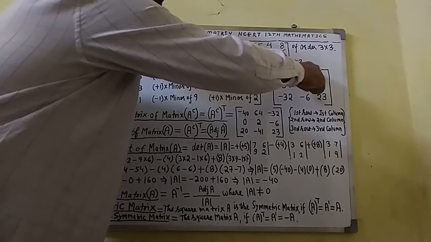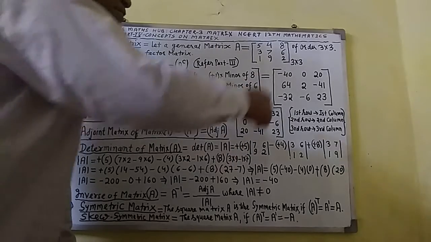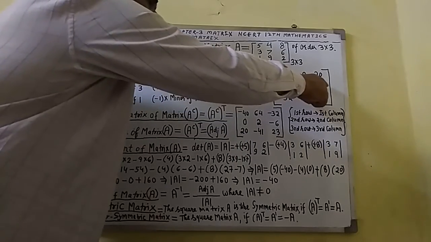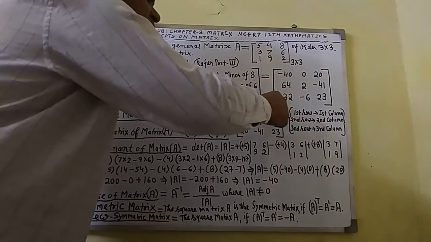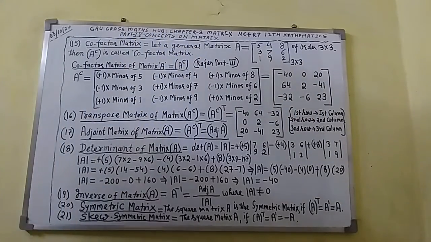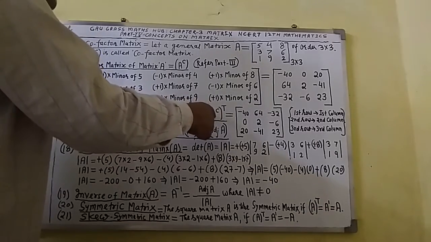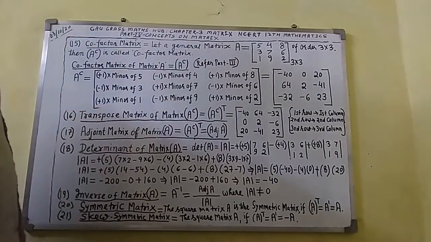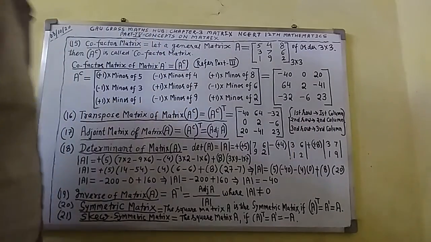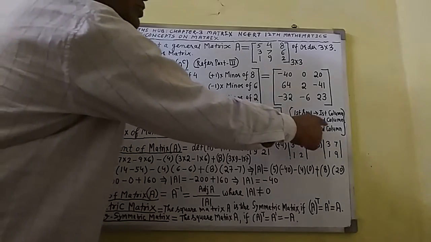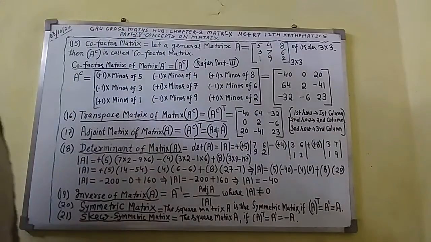This first row will become the first column. Second row will become the second column. Third row will become the third column. In the transpose of the cofactor matrix, first row goes to first column, second row goes to second column, third row goes to third column.